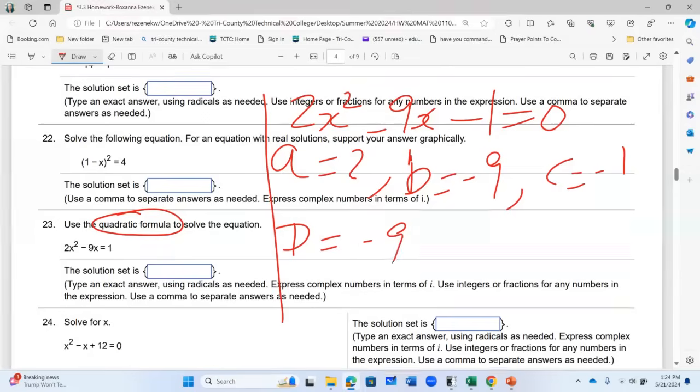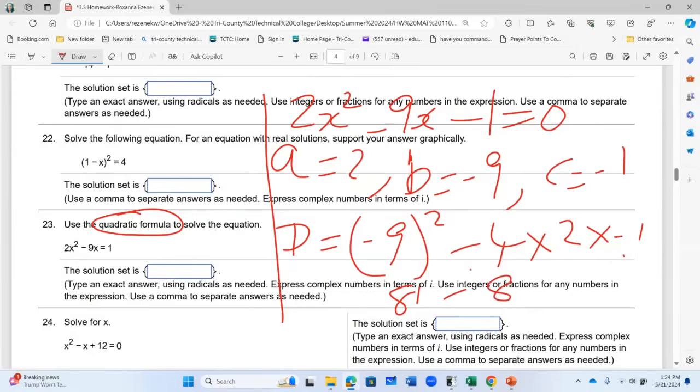So negative 9 squared minus 4 times a, which is 2, times c, which is negative 1. 9 squared is 81. 81 minus, this is going to be plus. 81 plus 8 is going to give me 73. Okay, so the discriminant is 73, two real solutions.